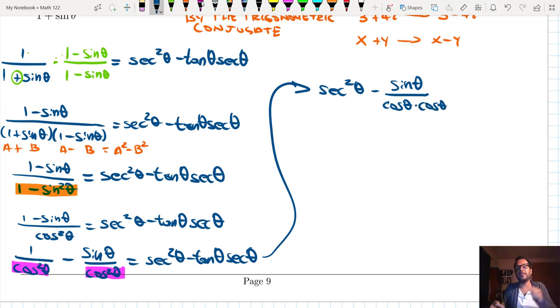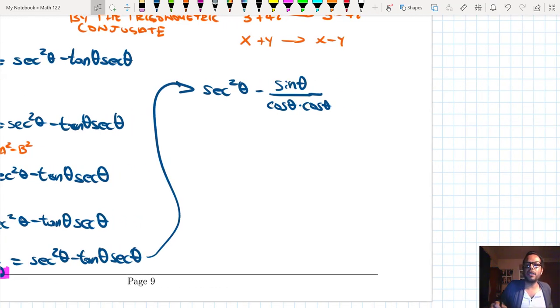Because cosine squared is the same as cosine times itself. Now, that still equals secant squared theta minus tangent theta secant theta.